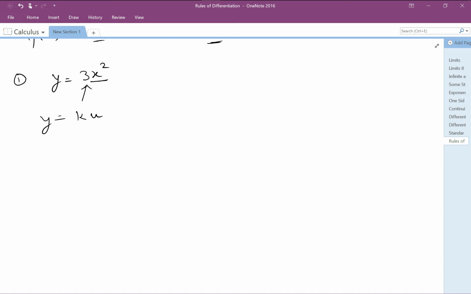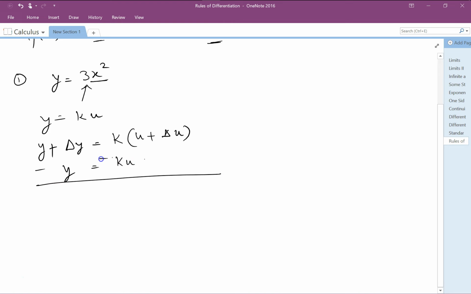So we know for a small change in x, there will be a change in u. Change in u will lead to a change in y. As usual, y plus delta y is equal to k times u plus delta u. Now from this, let's do subtraction. y plus delta y minus y is equal to k(u plus delta u) minus ku.